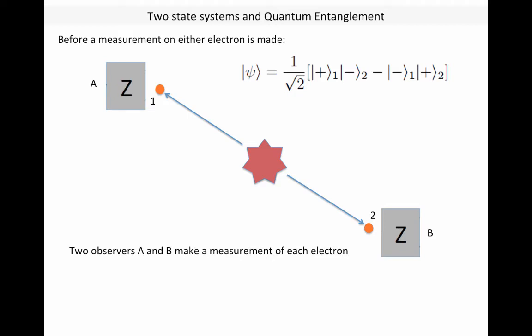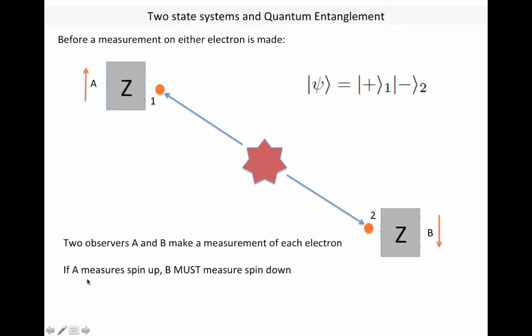So let's actually consider making the measurement of the spin, and let's suppose an observer at A encounters electron 1 and makes a measurement of the z component of electron 1's spin. And let's suppose A makes that measurement sometime before another observer at B makes a similar measurement of electron 2.